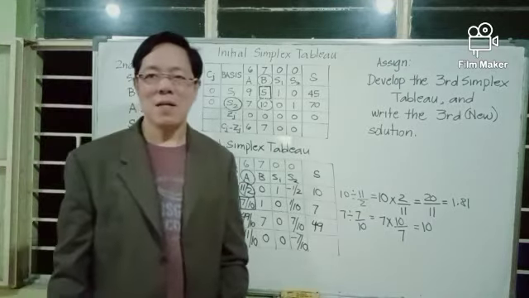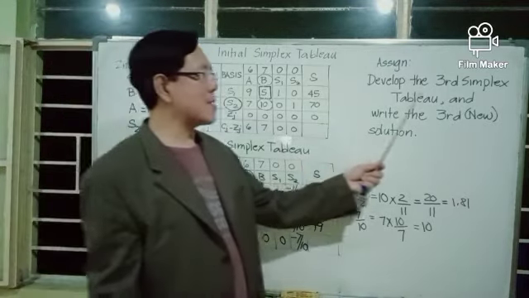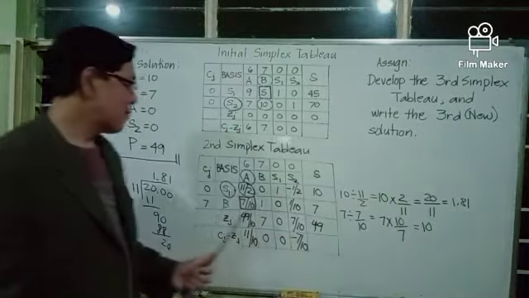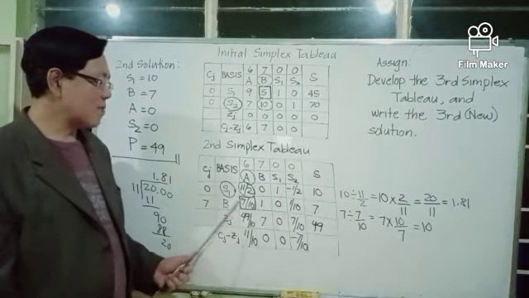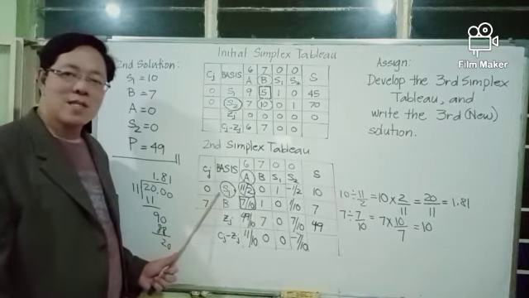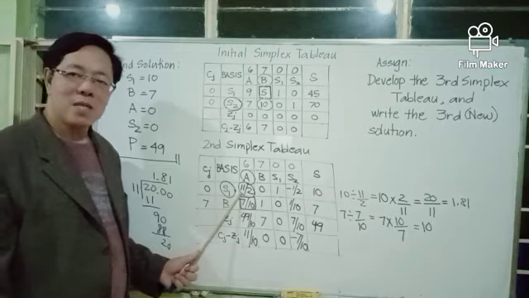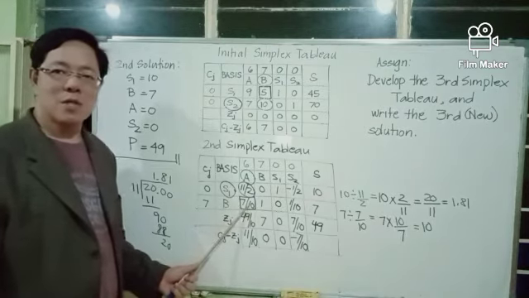For your practice and assignment, please develop the third simplex tableau from the second simplex tableau. We have already identified the entering variable A, the outgoing variable S1, the pivot element to be changed to 1, and this entry to be changed to 0.